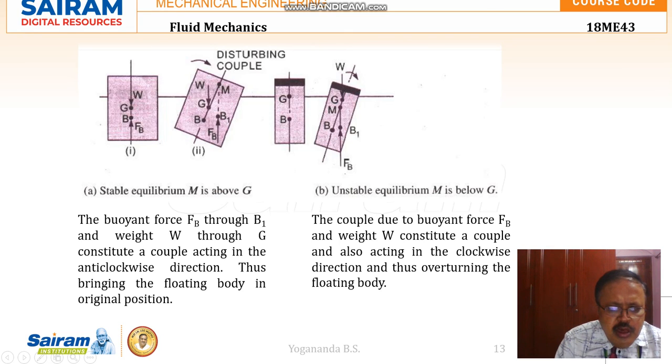So these two are producing clockwise moment. The angular displacement given here is also clockwise. So clockwise moment gets added to further clockwise moment, and the body bends still more inside the liquid. The body will not come back to its original position. So this is unstable equilibrium when M is below G.